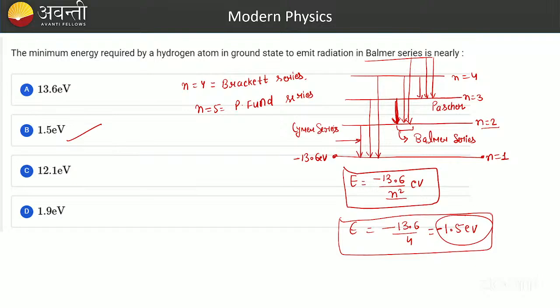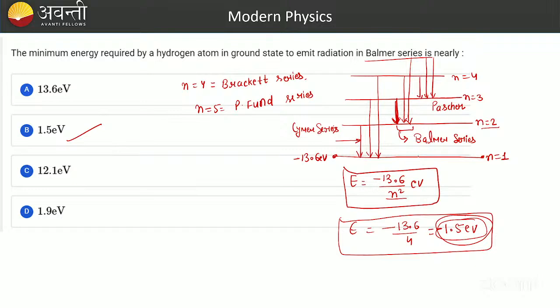Maximum you can give as much as you want, minimum is this amount. Like if they ask you what is the energy required, minimum energy required by a hydrogen atom in ground state to emit radiation in Balmer series, nearly, so that is done. For the Paschen series, that will be n equals 3.